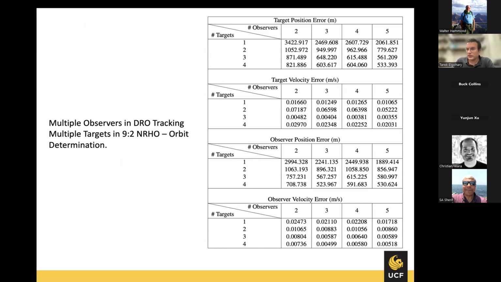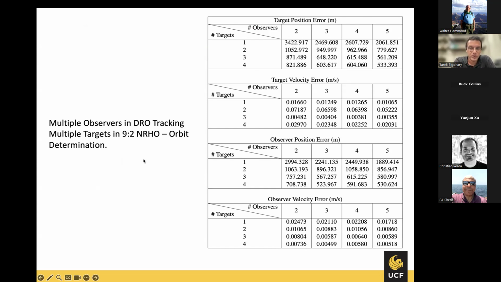Here, this is an orbit determination, so that's nonlinear least squares. We have the dynamics involved, but we're not doing a filter, not a sequential estimation for this one. What we have here is 2 observers and 1 target, 2 observers and 2 targets, and so on. You can see that in essentially all cases, the solution improves as you increase the number of observers and the number of targets.